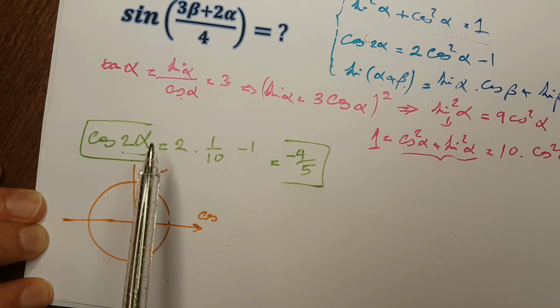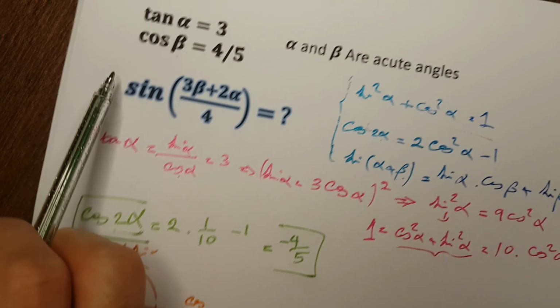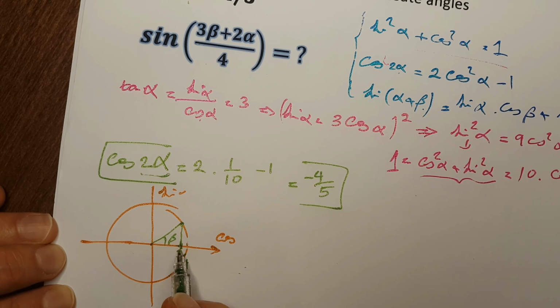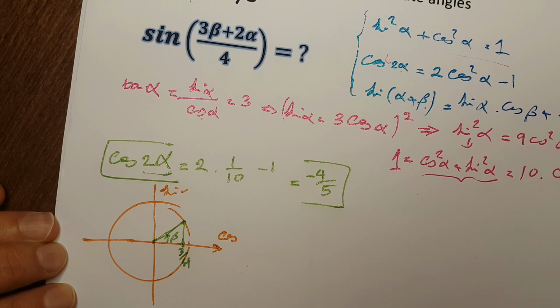We know that cosine of beta is 4 over 5 and it is an acute angle, so this is going to be beta if this is 3 over 5. Then beta will be such an angle in the first quadrant.